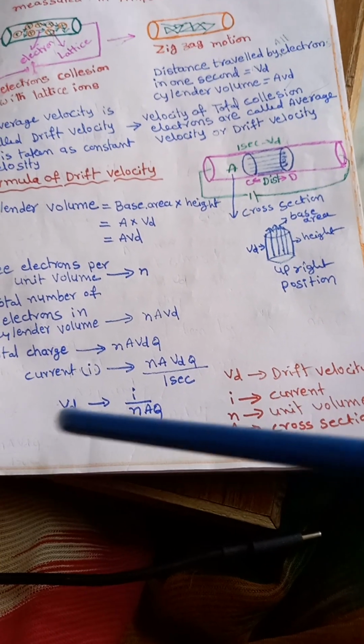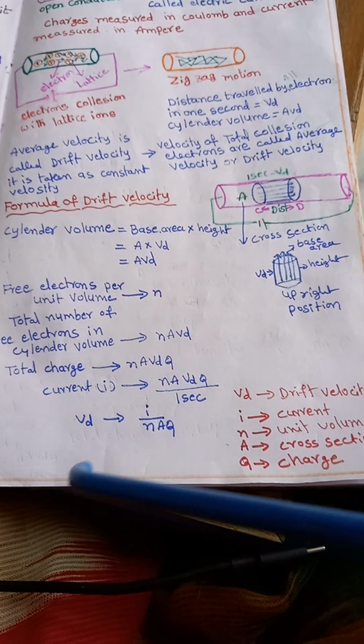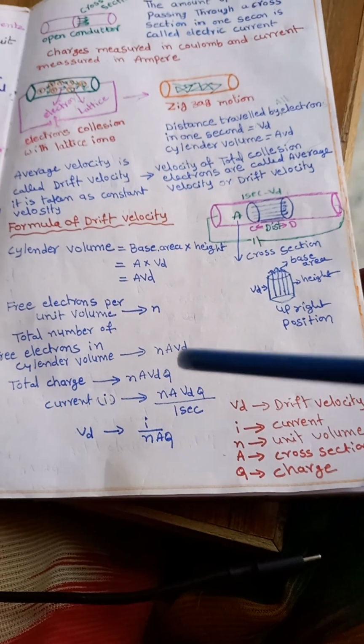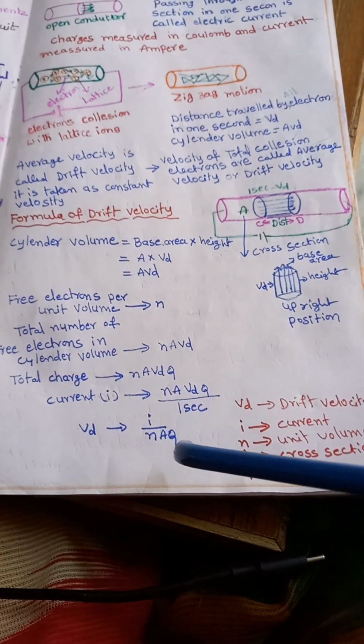So here we can see the formula of drift velocity: Vd equals I by N A Q.